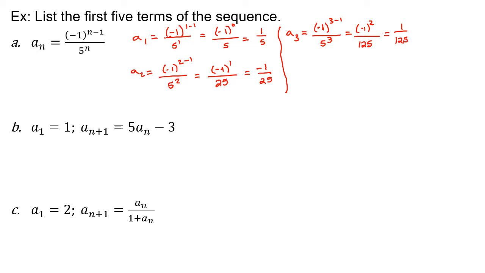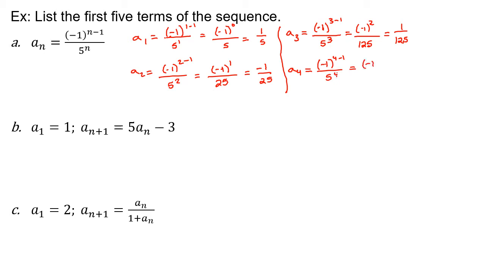And you might notice this is going to be an alternating series as well. The first term's positive, then it's negative, then the next one's positive. So the next one should probably come out to be negative. So a sub 4 would be negative 1 to the 4 minus 1 over 5 to the 4th.